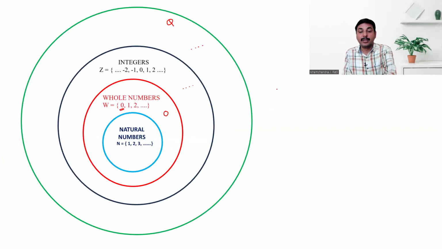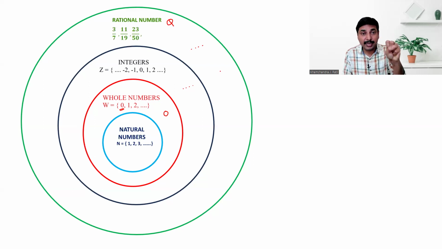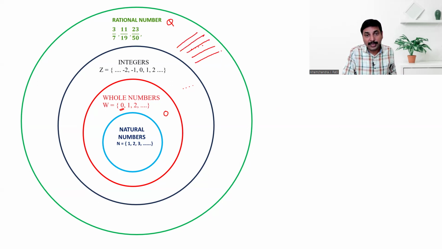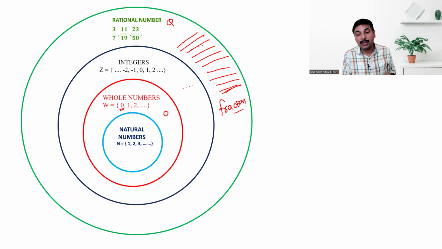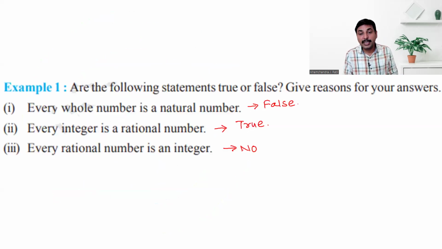The circle of all integers is completely inside rational numbers. But all rational numbers can't be integers, because this part of the rational numbers which is not integer, these are not integers, my dear friends. What kind of numbers are these? These are the fraction numbers. So this particular statement is false. Okay, so in this way you can answer all these statements. I hope you all got 3 correct.